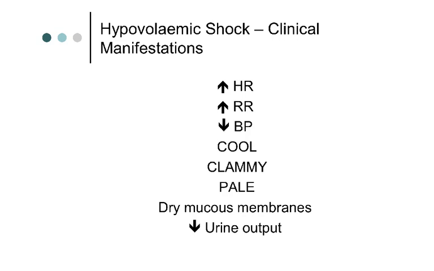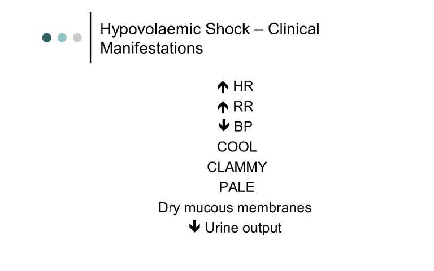They will also have a low blood pressure, and that's because the volume in the blood has dropped. They will also be cool, clammy and pale, and that's due to the release of adrenaline and peripheral vasoconstriction.